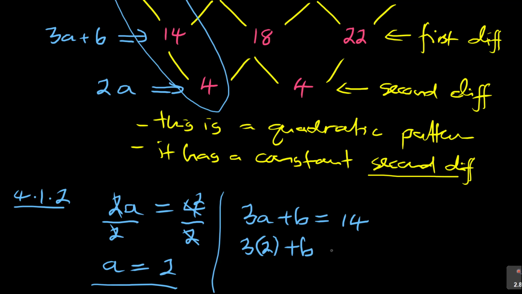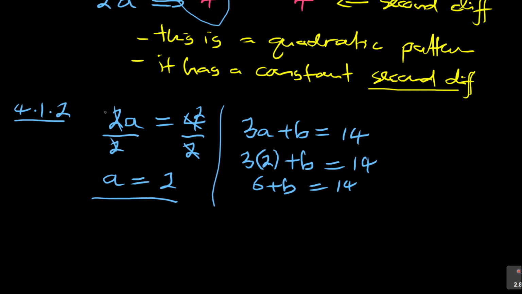Are you seeing that? So 3 times 2, which is 6, plus b is equal to 14. And then you can actually find b now as 14 minus 6, and I think you get 8.